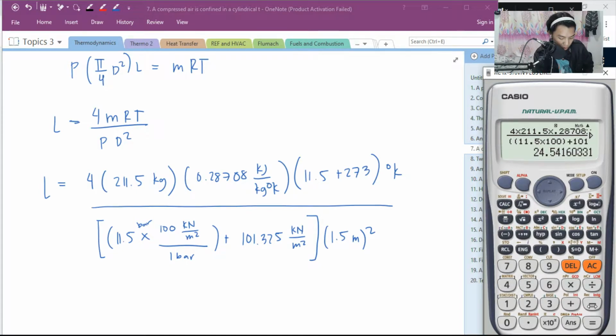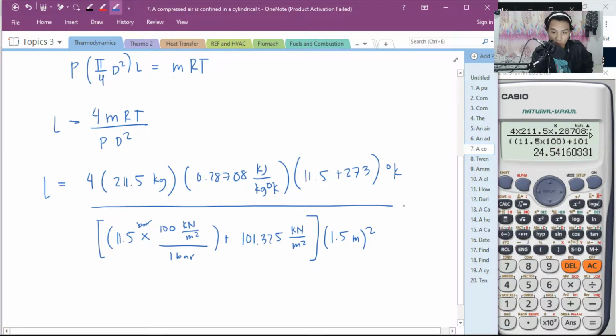Kaya lang, feet dapat pala, naka-feet. Okay, di multiply natin. Ang lalabas kasi dito sa cancellation of units, kilogram, kilogram, kilojoule, kilonewton meter squared.